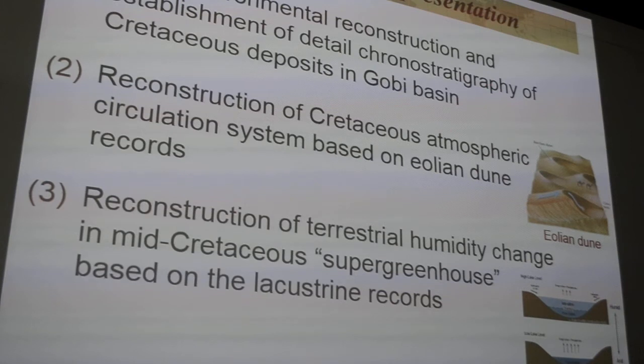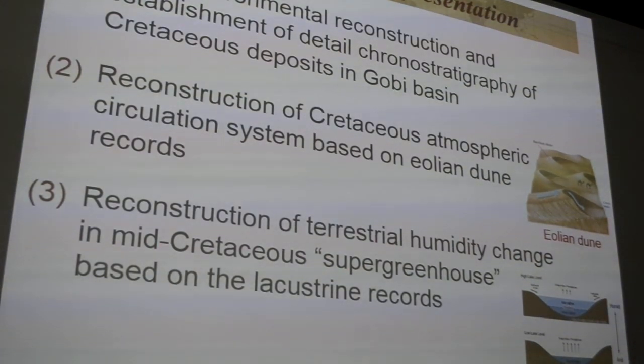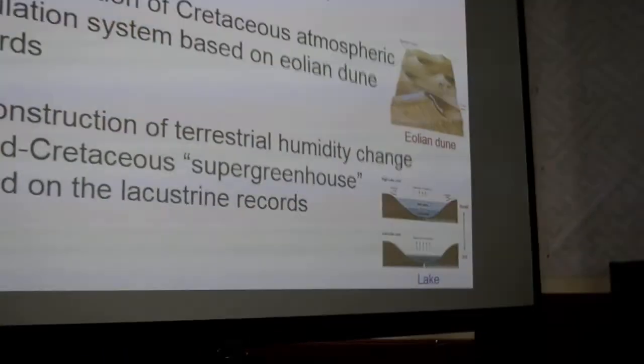So this is the first talk. In the second and third talks, I will talk especially about my research results on reconstruction of the Cretaceous atmospheric circulation system based on the Aeolian dune record. And in the third, I will talk about terrestrial humidity change in the middle Cretaceous based on the lake sediment record in Indonesia.